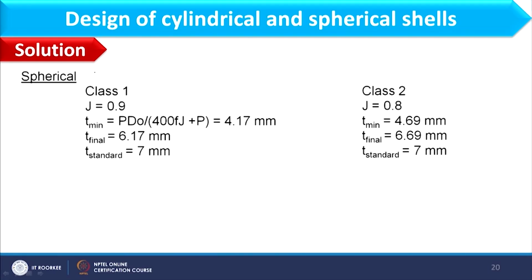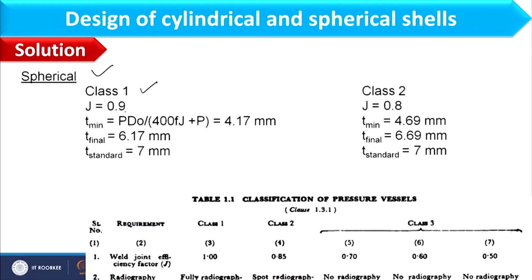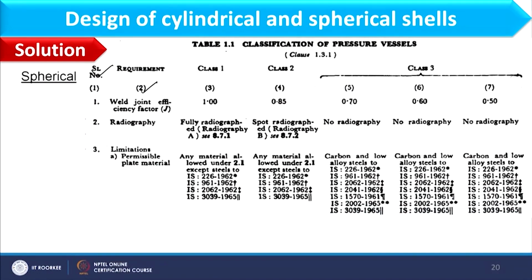Now, here we are designing a spherical vessel where for class 1 we have to extract the value of J from table 1.1 from the code. Here I am having table 1.1 where joint efficiency factors are already mentioned, but we need to find that corresponding to single welded butt joint with backing strip.